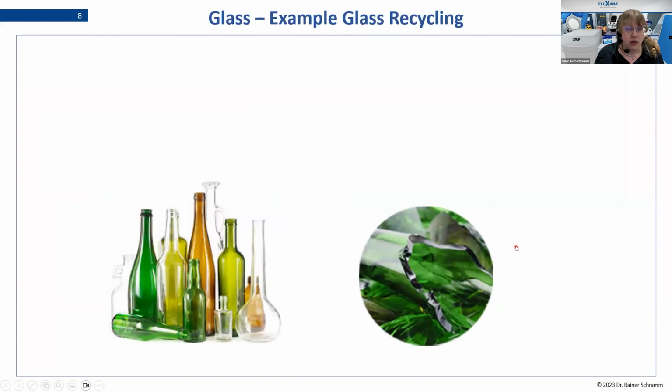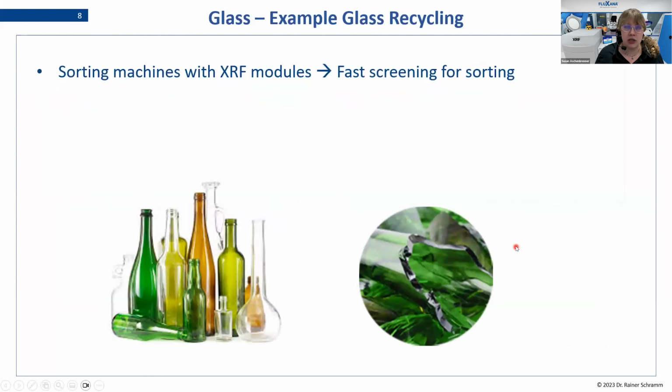So when is it used? Just imagine a conveyor belt and a lot of glass rushing by. There are sorting machines that have XRF modules, and they do a fast screening, and then they just sort.